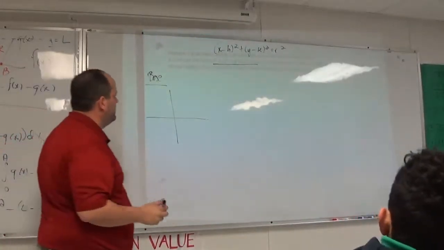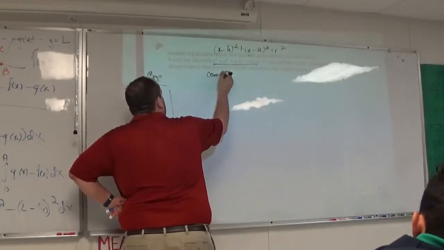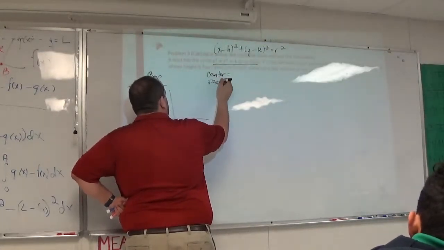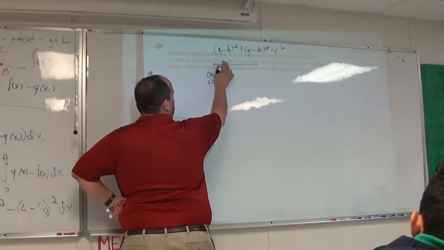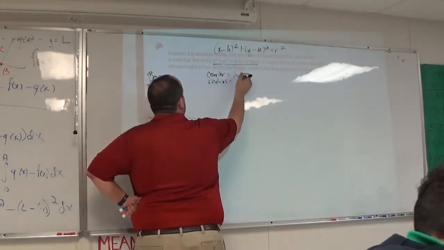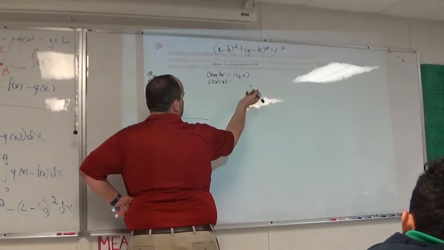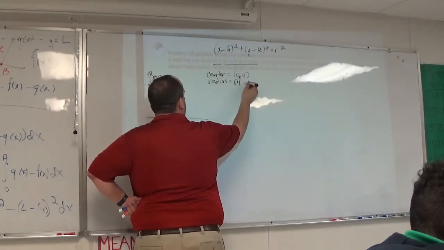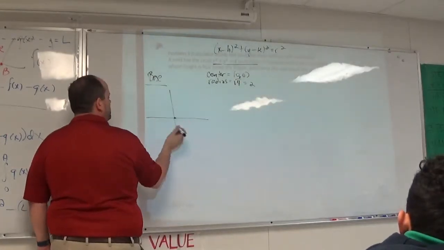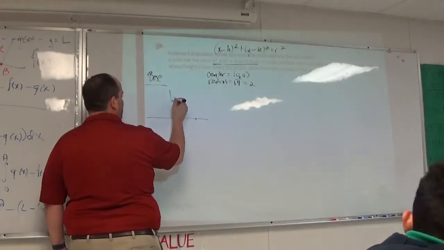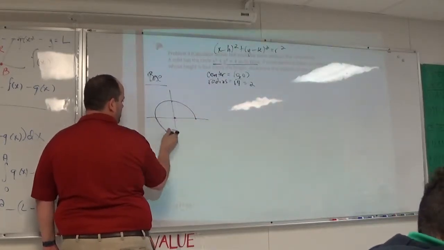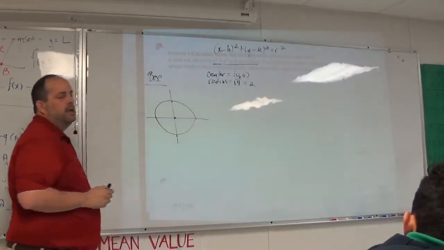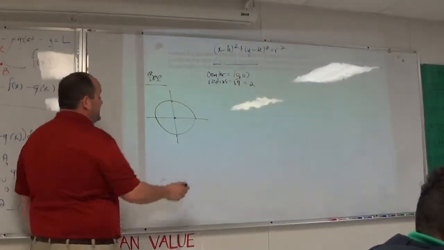But from here, you should be able to tell me the center and the radius. Where's the center for this circle? 0, 0. What is the radius? Square root of 4, which is 2. So here, you're going to go 2 to the right, 2 up, 2 to the left, 2 down. That's your base.